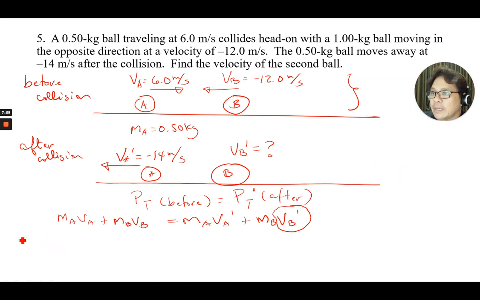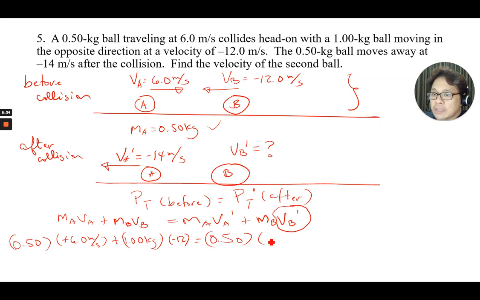Okay, MA is 0.50 kilograms. Let's just plug in the magnitude so there is space. And the VA is positive 6.0 meters per second plus MB 1.00 kilograms, and then VB is negative 12, equal to MA, the mass did not change, so 0.50 kilograms still.